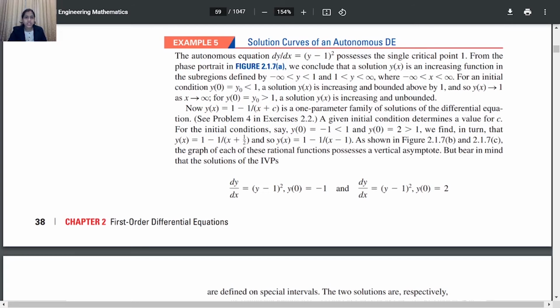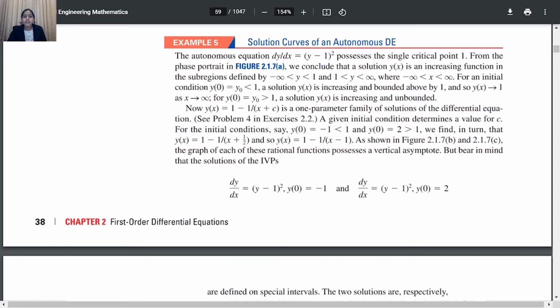For the differential equation given to us, dy by dx is y minus 1 whole square, the solution is y of x is equal to 1 minus 1 by x plus c. Now don't worry about how to find the solution; we will be learning how to find the solutions of a differential equation.